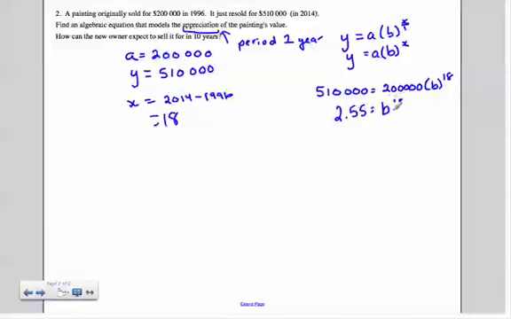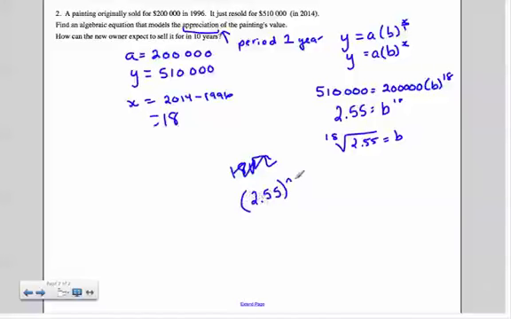Now, the opposite of exponent 18 is 18th root. That can be kind of hard to find, any root. It's not 18 times the square root. Some people will still just use that and put an 18 in front of it. That doesn't work. The easiest way to type this in is with your exponent key and either do 1 over 18 if you have a fraction key, or just 1 divided by 18.